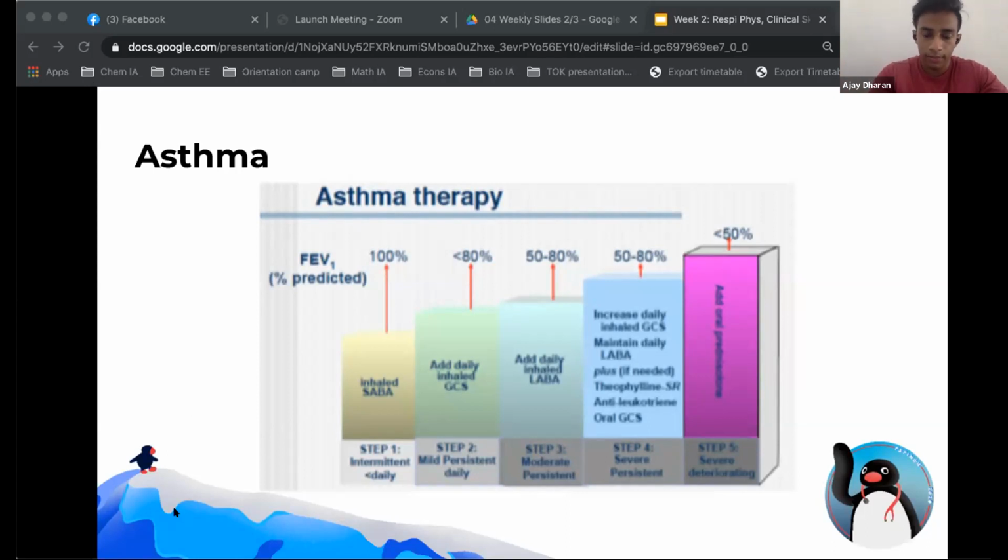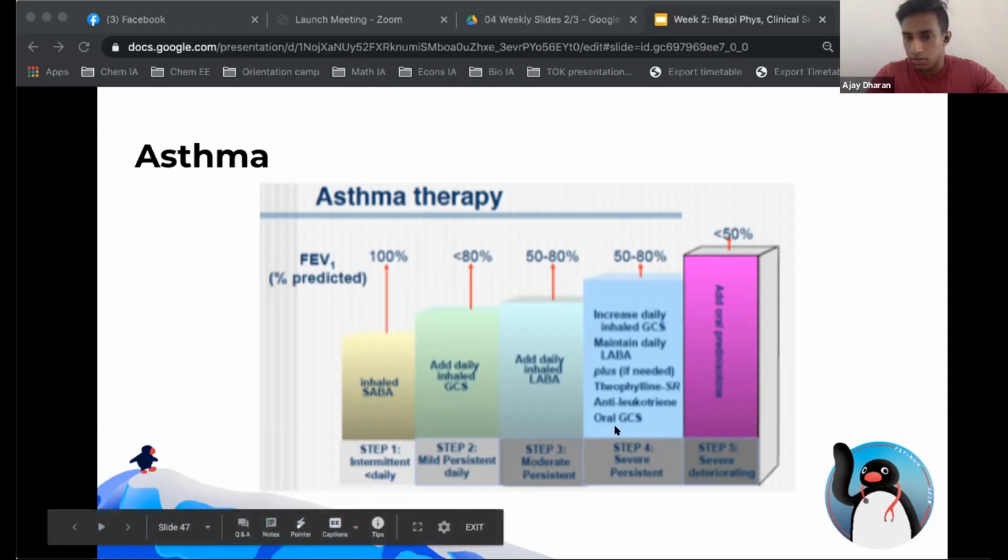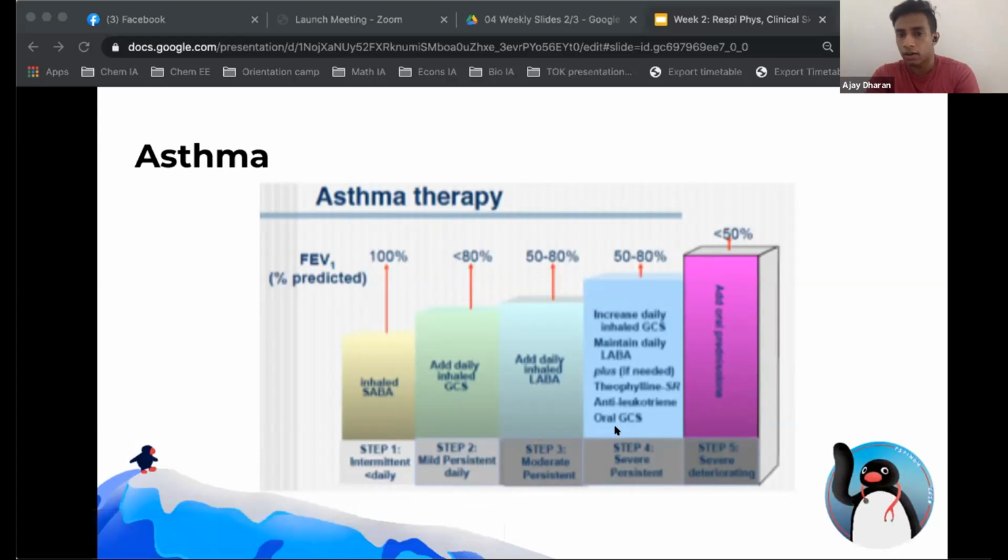You start off with a SABA, and if it doesn't seem to work, then you add on an inhaled glucocorticosteroid. Then you add on a LABA, and if that doesn't work, you increase the dosage. Then you'll probably add on theophylline, oral GCS, and worst case, if it's really severe, you add on prednisolone. So you just have to remember to follow the chain.